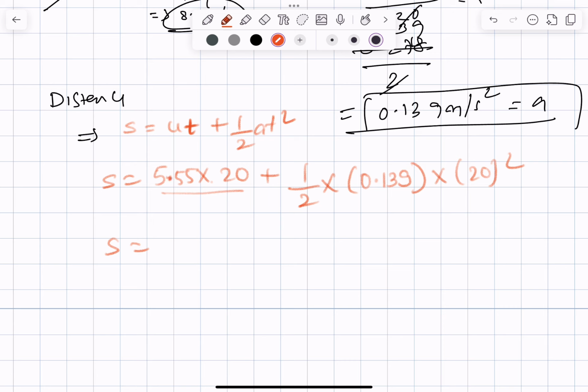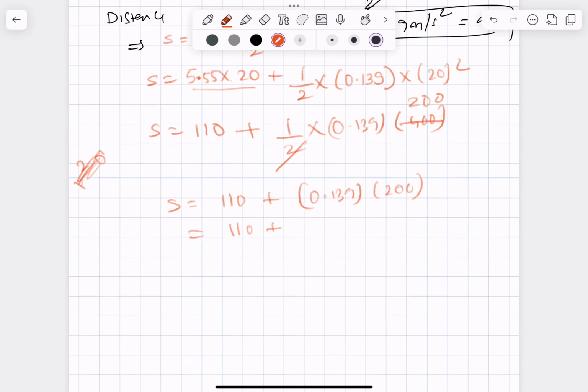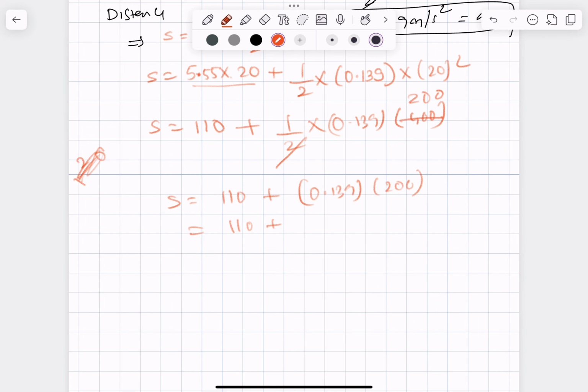5.5 into 10 is 55, so it will become 110 something. I don't need to calculate, maybe. Plus half into 400. 0.139 into 100 will be 1.39.